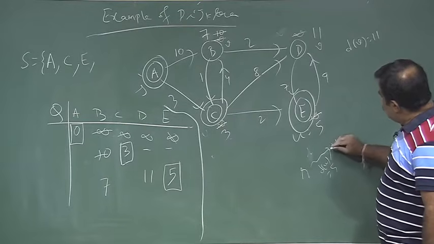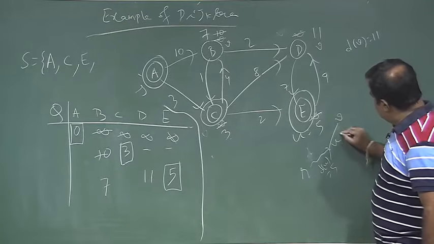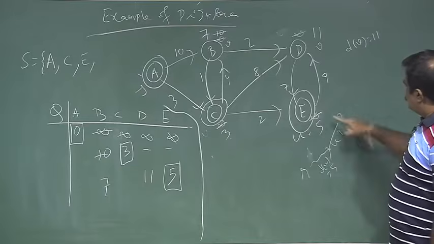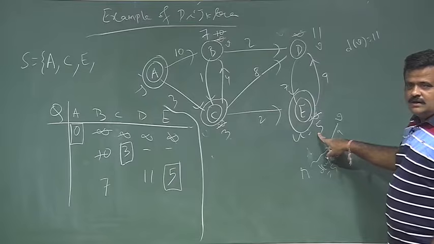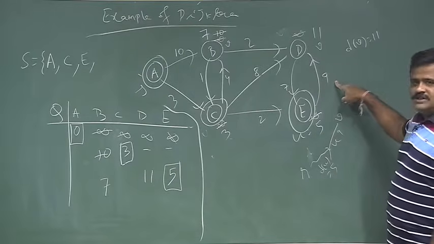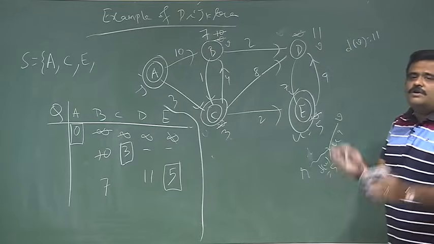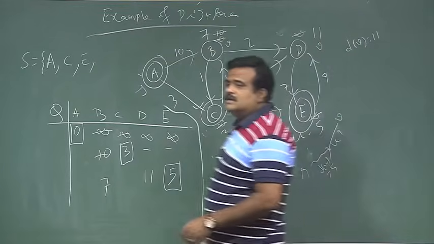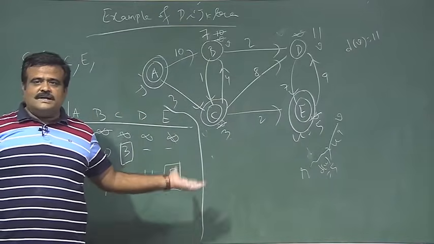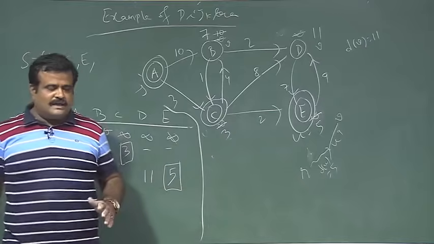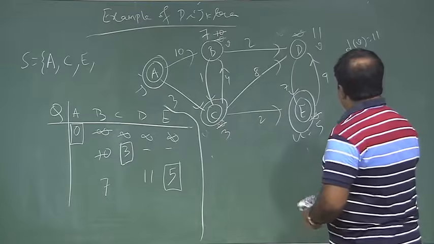So this is d of U, and then we can take a direct path, that is 9. So this cost is 14. We come from S to this with this shortest path, then we take this direct edge, which is 9. So 5 plus 9 is 14, which is not as good as 11. So we will not relax this vertex, because the earlier path is better than the path we currently have. So this will remain 11.